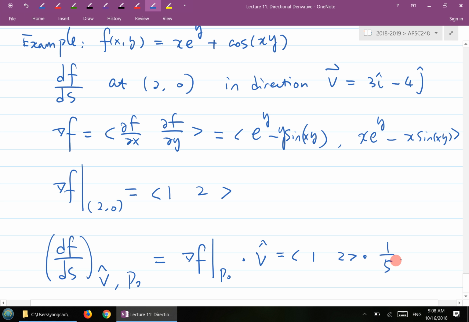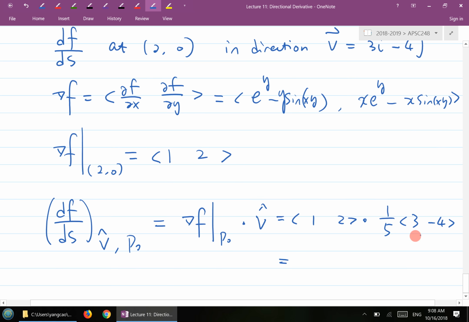So 1 over 5 times (3, negative 4). That's the unit vector. And then you calculate the dot product as is. So 3 over 5 minus 8 over 5 equals negative 1. Okay, good.